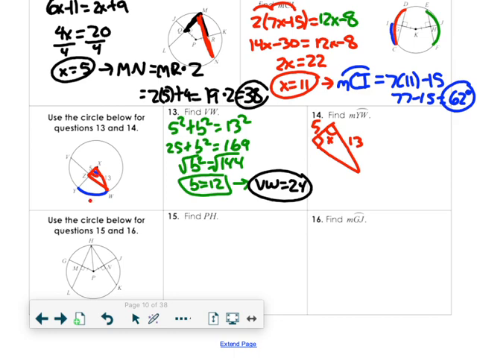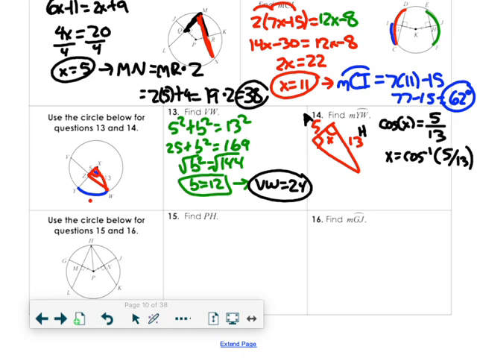So what I do is SOHCAHTOA. This x right here, this is the hypotenuse. This 5 is adjacent to the angle that I'm looking for. So I have A and H, which tells me to use cosine. The cosine ratio of that angle is going to be adjacent over hypotenuse, 5 over 13. What that tells me is I can get the inverse cosine. x is equal to the inverse cosine of 5 over 13.